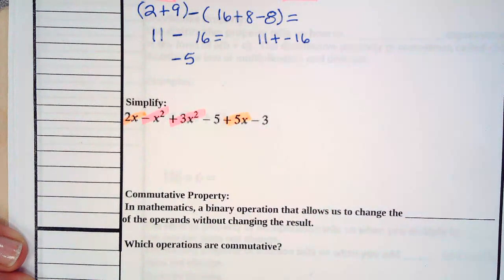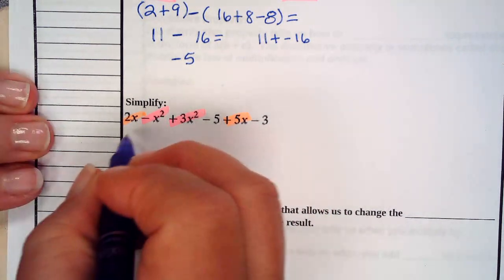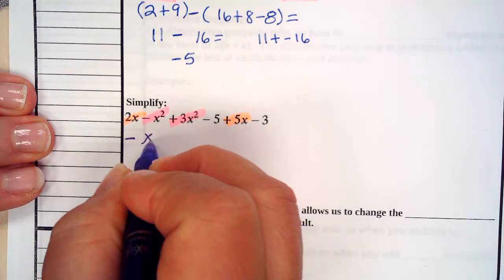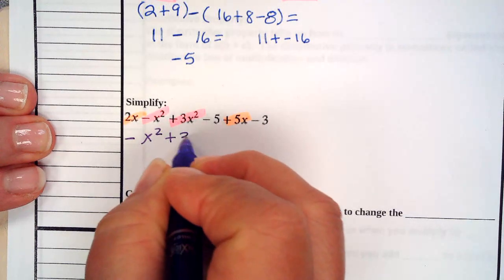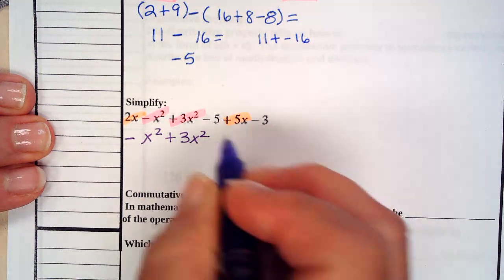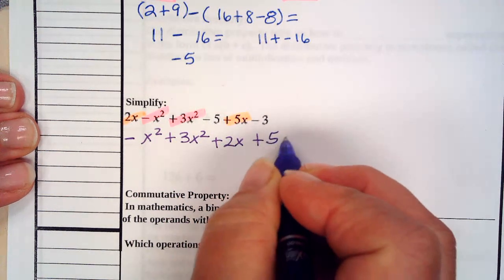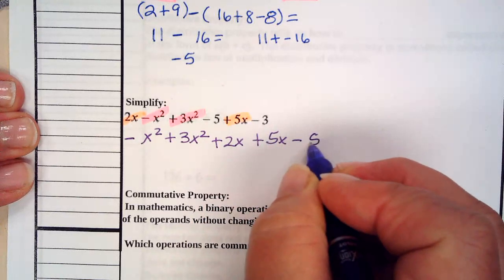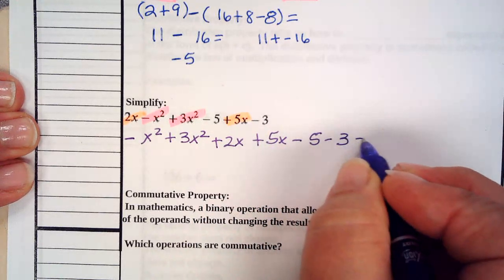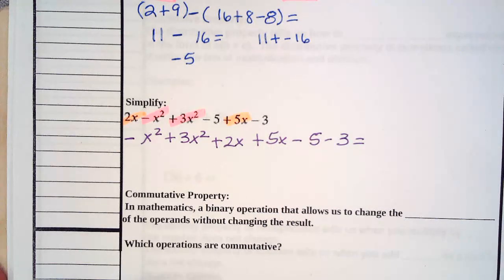And then I have numbers. So I am going to rearrange. I've got negative x squared plus 3x squared plus 2x plus 5x minus 5 minus 3. I've got the like terms together.